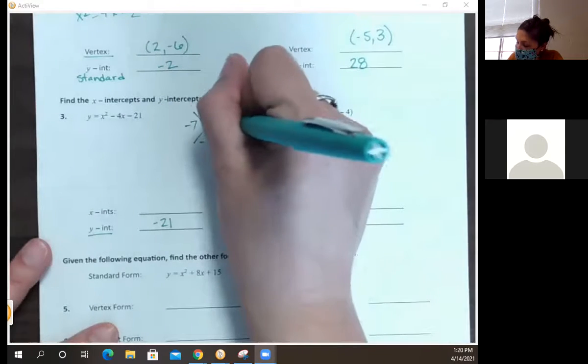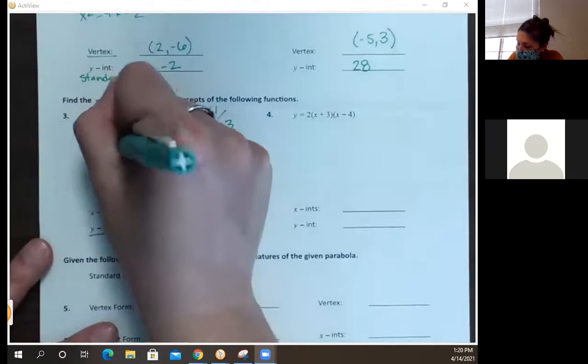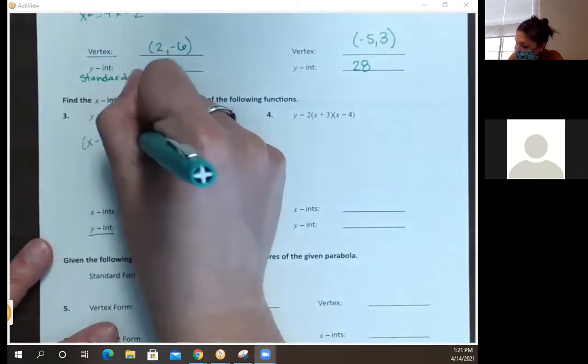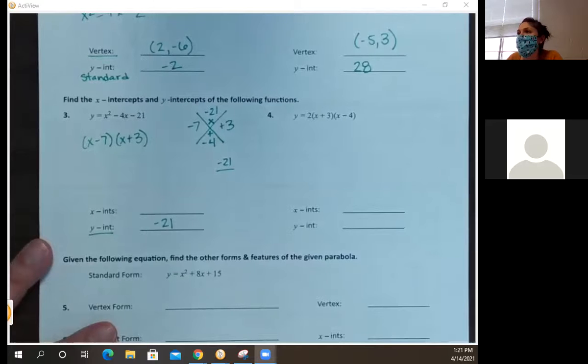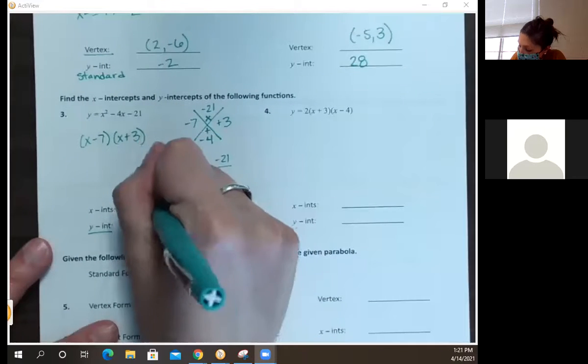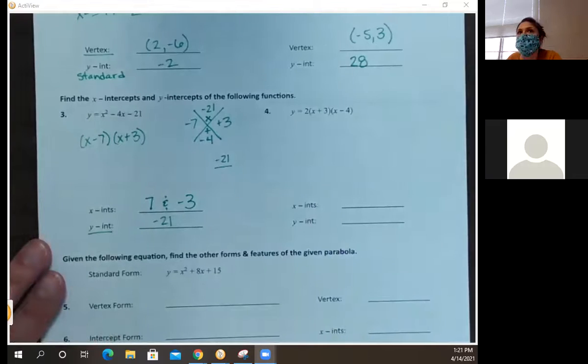Negative 7 and positive 3. So my factor form here would be x minus 7 times x plus 3. So what are my x-intercepts? Make one adjustment for me. What did we say? 7 and negative 3. There we go. Questions on number 3.